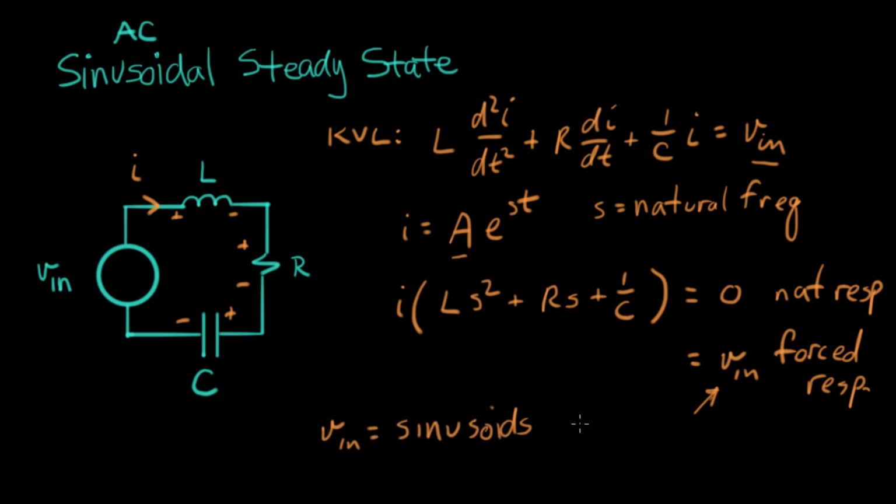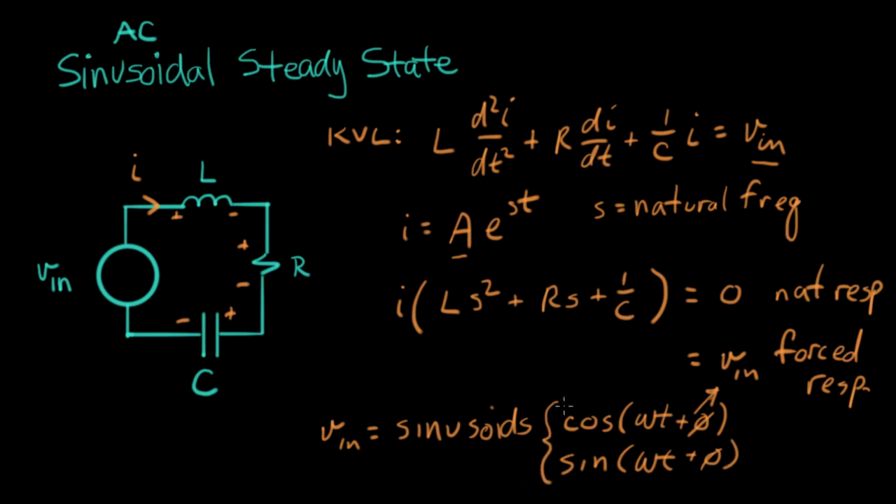which means Vin is of the form cosine of omega t plus phi, where phi is some angle, or it could be sine of omega t plus some angle. Any waveform of this form is called a sinusoid.